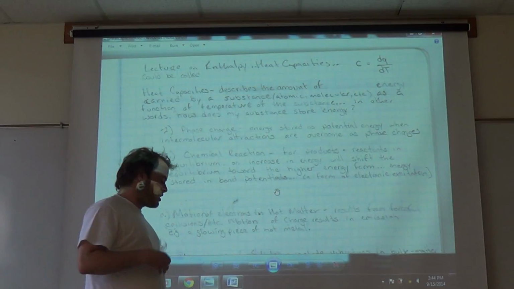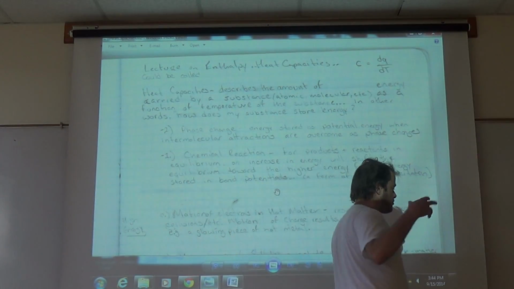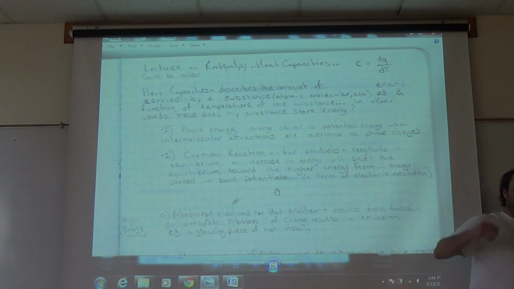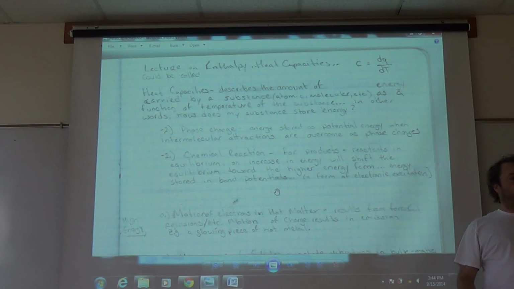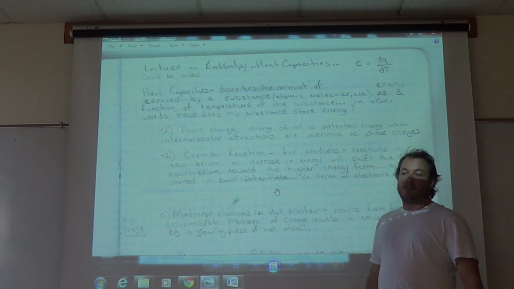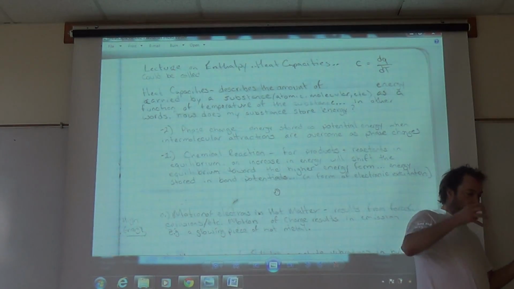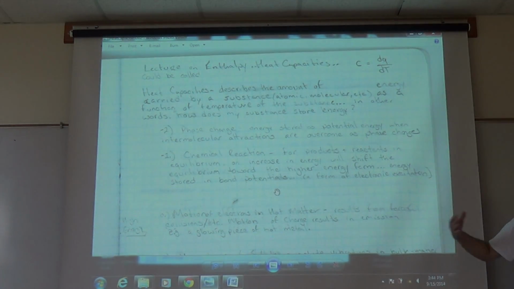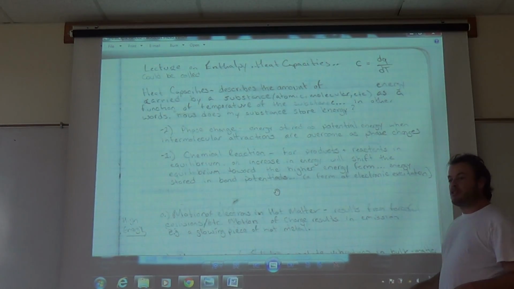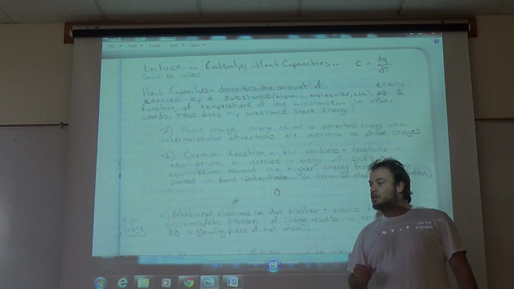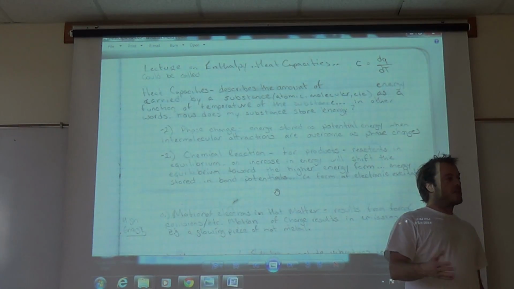You got translational kinetic energy from rotation, vibration, translation, and then you got potential energies that are stored as a function of some kind of external field. So you've got either electric fields between molecules, or an external electric field, or maybe you have a gravitational field, or something like that. But essentially, your molecules can store energy in the form of kinetic and potential.